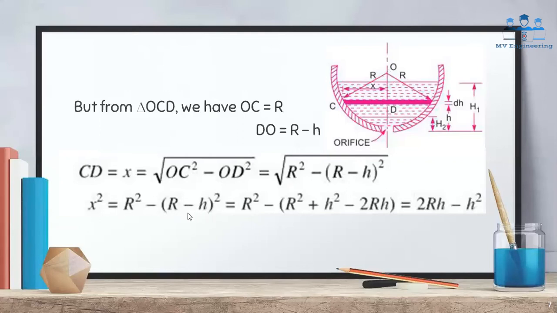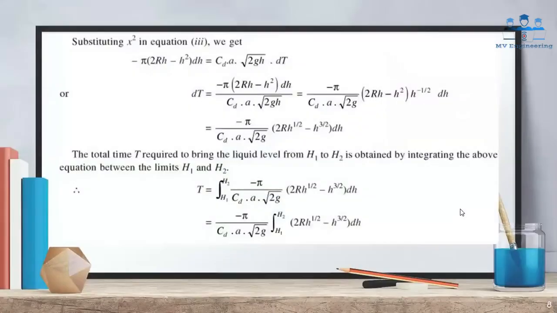Here we have (R minus h) the whole square in the form (a minus b) the whole square. If you expand it, you have a square plus b square minus 2ab. So we have here R square plus h square minus 2R into h. Now simplifying this, R square and R square get cancelled. Minus 2Rh becomes 2Rh minus h square. So we have the value of x square equal to 2Rh minus h square.